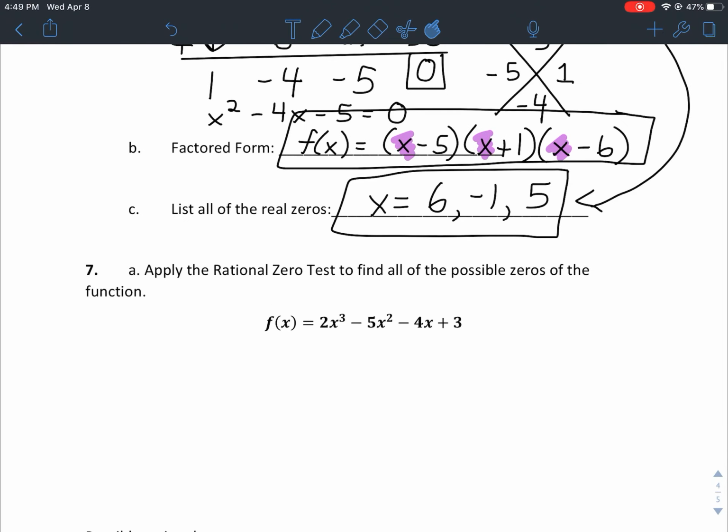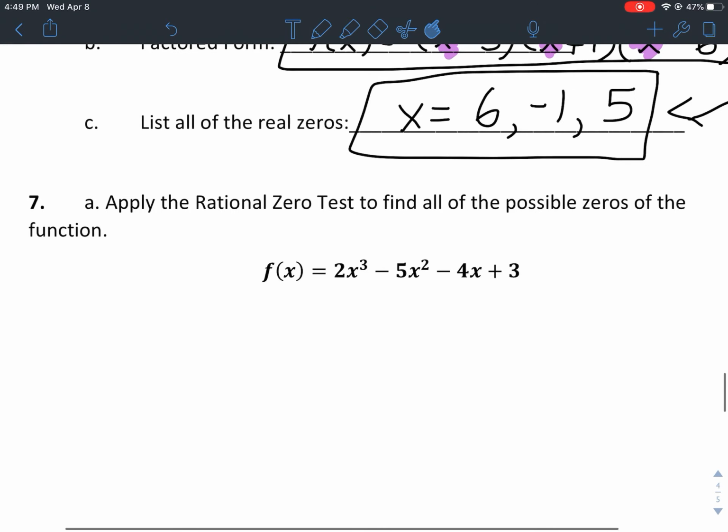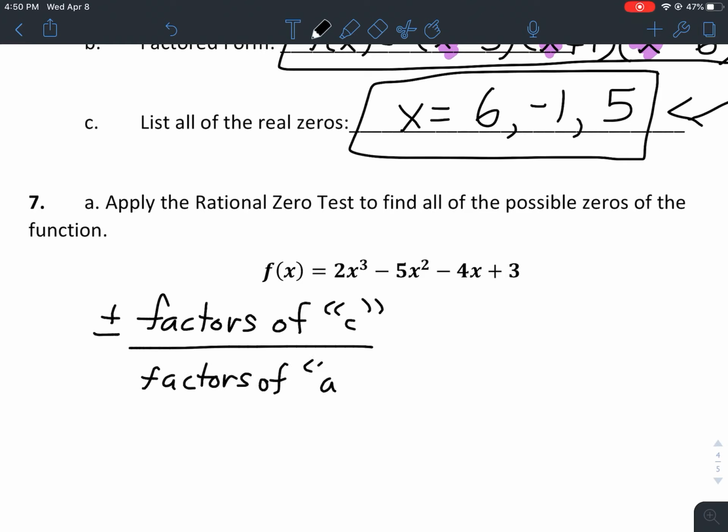Okay, so we're on to number 7, applying the rational zero test. If you forgot what the rational zero test says, it says that the possible rational zeros of a polynomial can be found if you take plus or minus all of the factors of your constant c, and you divide them by all of your factors of your a value.